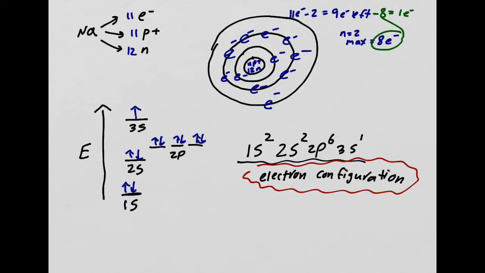Okay. Now, here's the thing though. I hope you feel pretty good about this so far. Here comes the exception, but it's okay. So we said the first energy level, we have an s orbital.